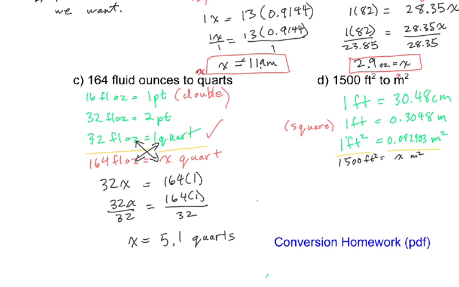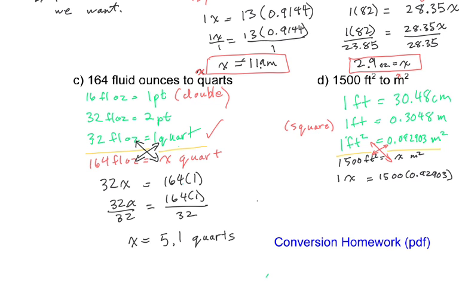And then we'll also set up our cross products. Then we'll divide both sides by 1, because x times 1 is just, we just got to get rid of it.